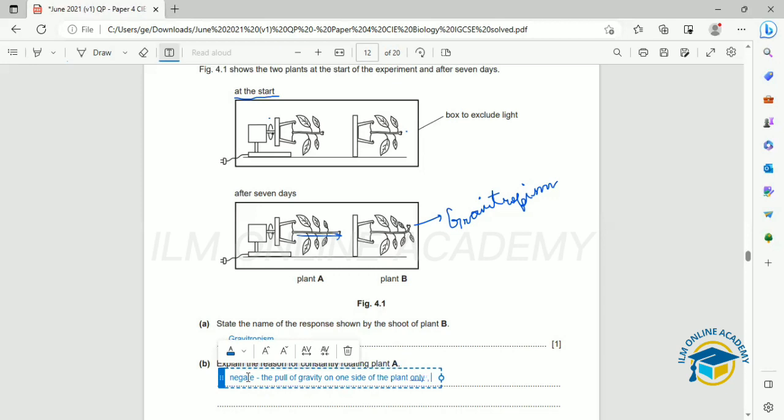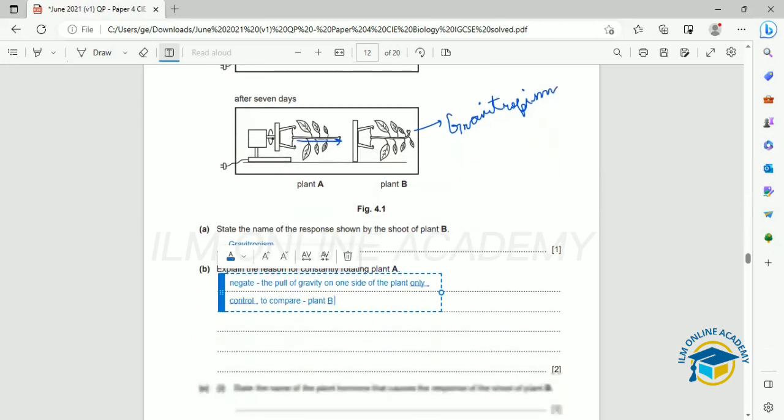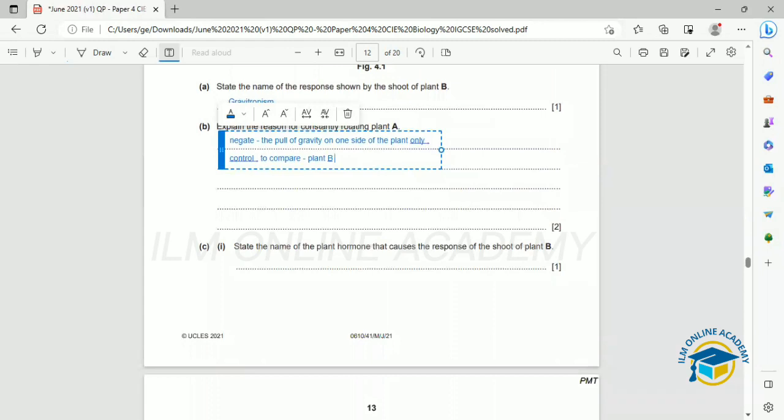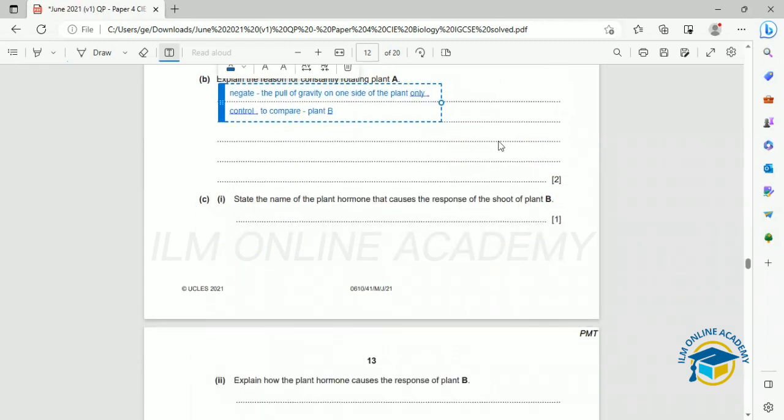The second thing is that it is used as a control to compare with plant B. These are the two things you need to take into consideration while writing the answer, and that would provide you with the 2 marks required for this question. Then state the name of the plant hormone that causes the response of the shoot of plant B, that is auxin.